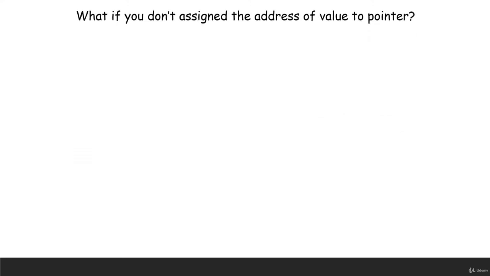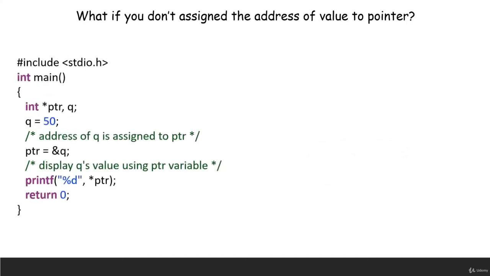Next one. What if you don't assign the address of a value to the pointer? Take this example. What have we done here? Here, pointer = &q means we are assigning q's address to the pointer and the pointer is holding it. But what if we don't assign any kind of address to the pointer?